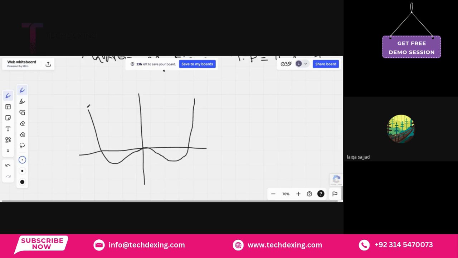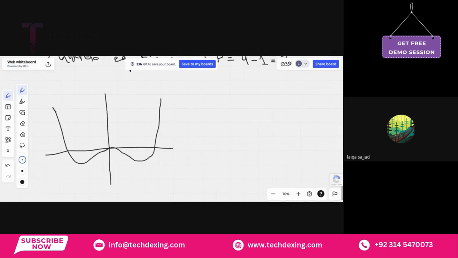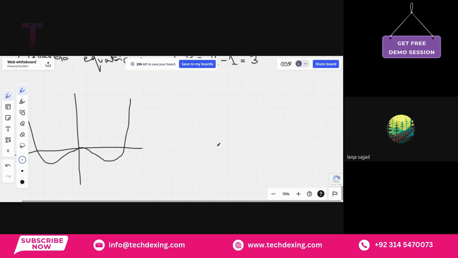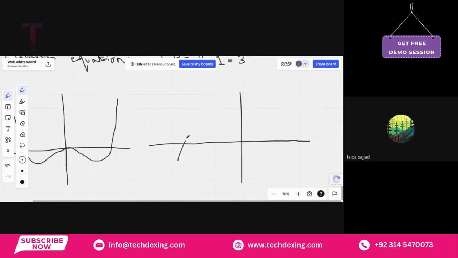You can get a graph like this, or you can have a graph which would be like this. So, how many turning points can you see in both of these graphs?